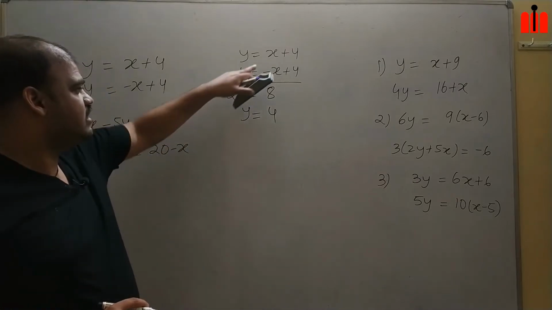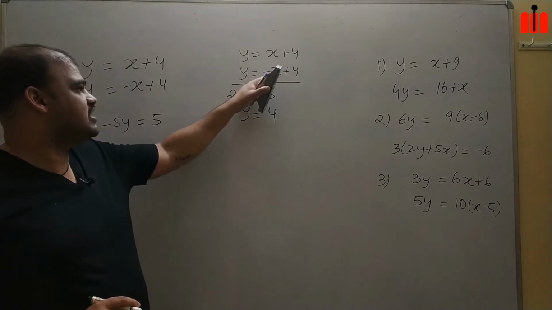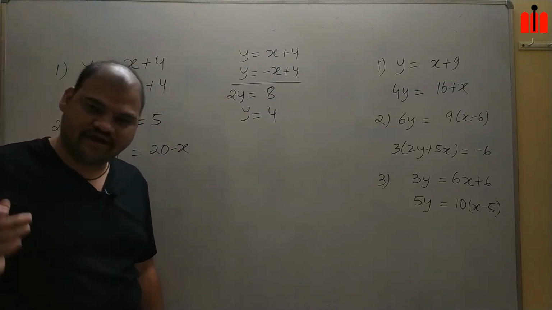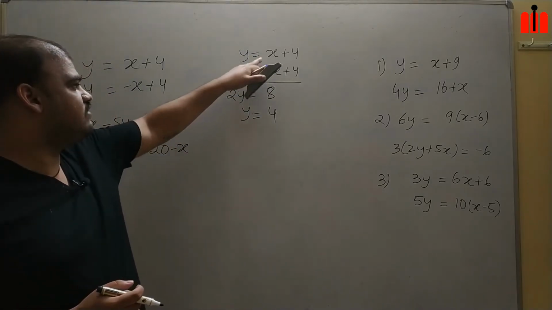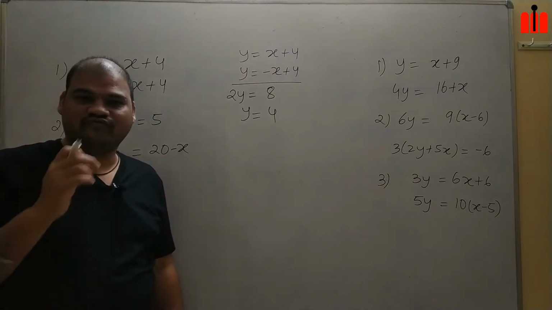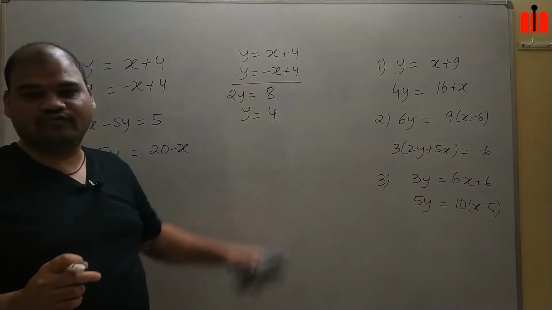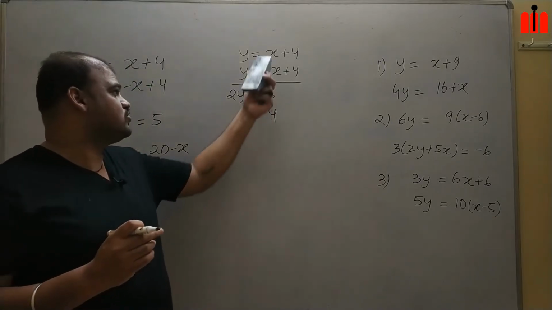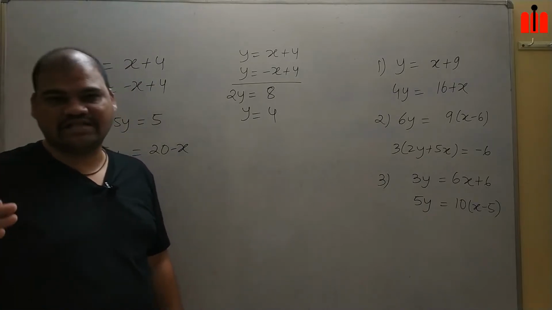Here, as one is positive and the other negative, and the coefficients are minus 1 and 1, I have directly added. If the coefficients are different, then you have to make the coefficients equal. How will you make them equal? Suppose the x coefficient is 2 in one equation and 3 in the other. Then you find the LCM of 2 and 3, which is 6.